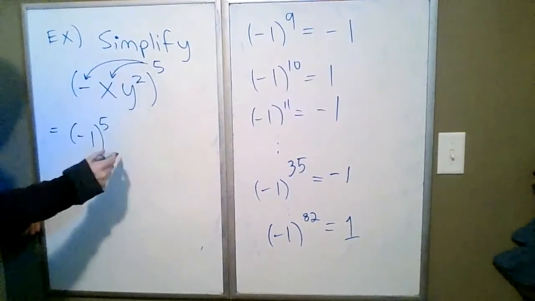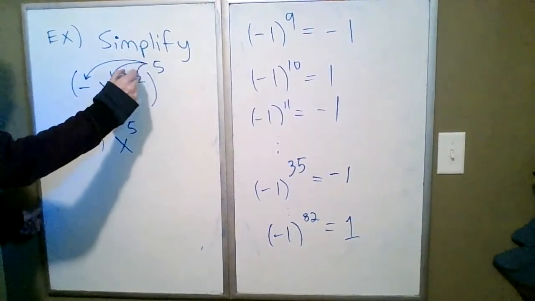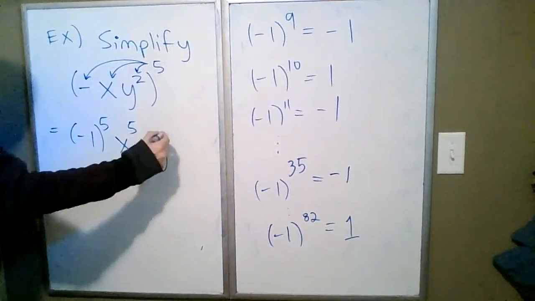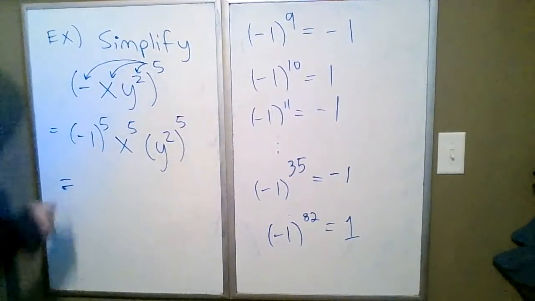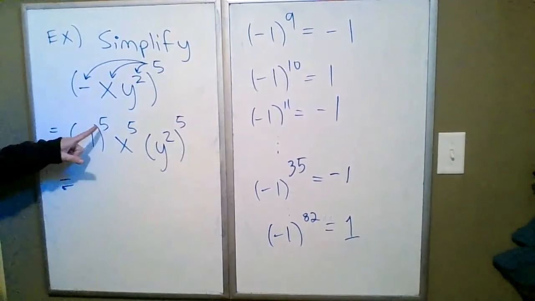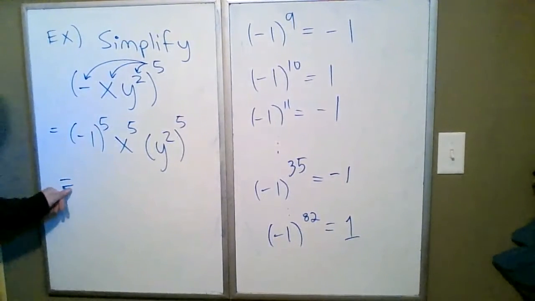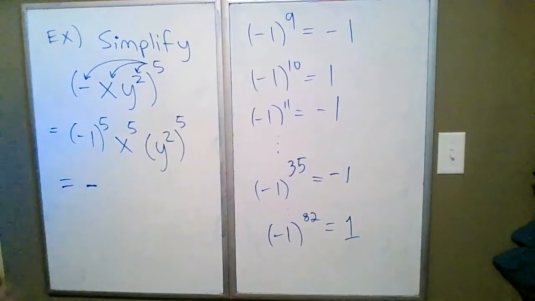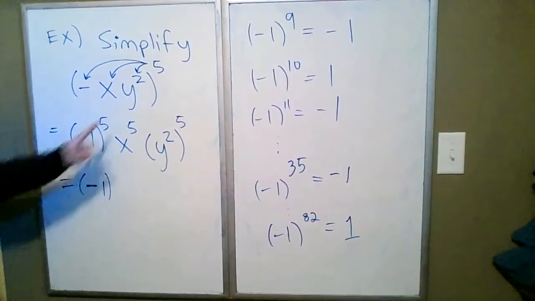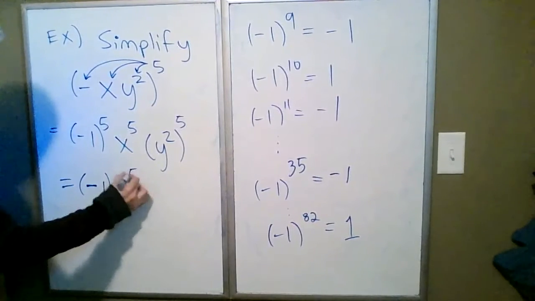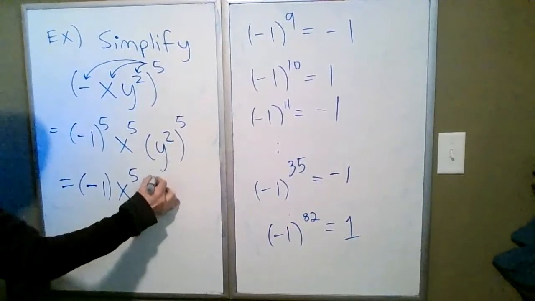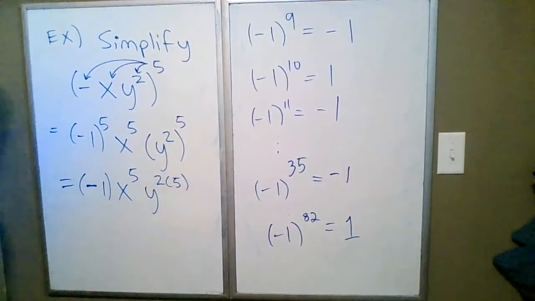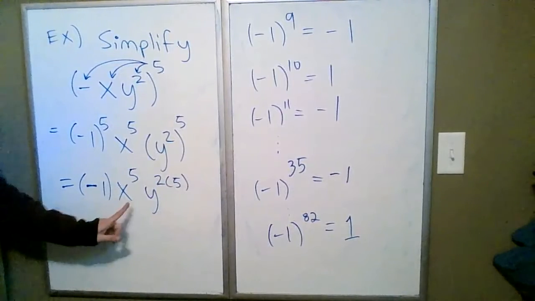Same for x, it gets a power of 5. And y squared gets a power of 5. -1 with an odd power is -1. Negative. x to the 5th. y has a power of 2 times 5. So this would be negative x to the 5th, y to the 10th.